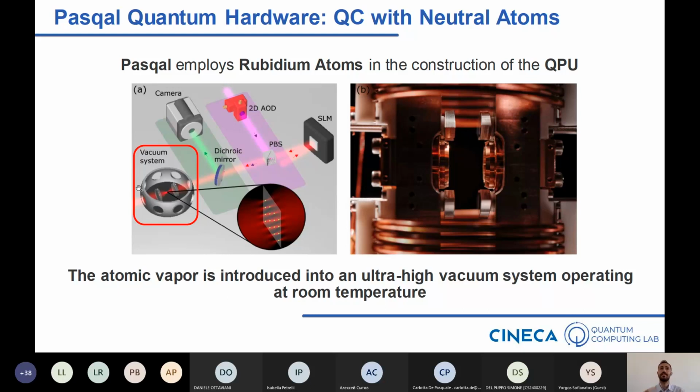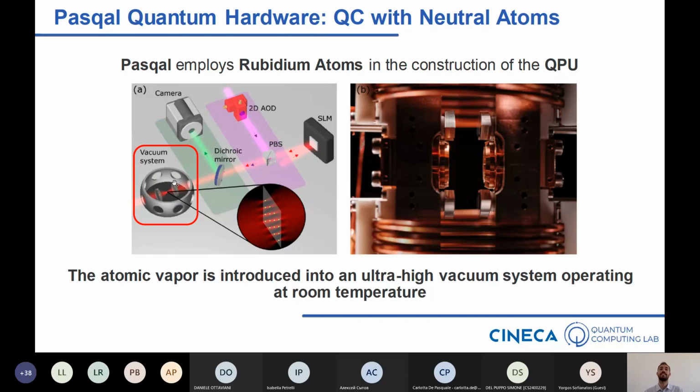Inside this vacuum chamber there should be only the rubidium atoms. You don't want other particles, other atoms. So you have to produce an ultra high vacuum state inside this chamber.